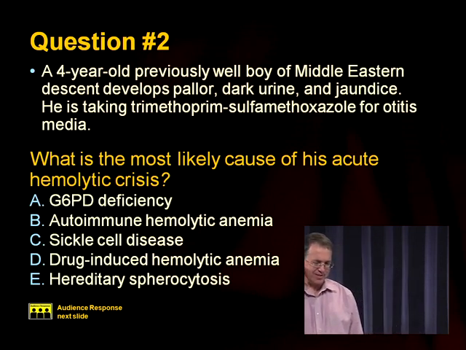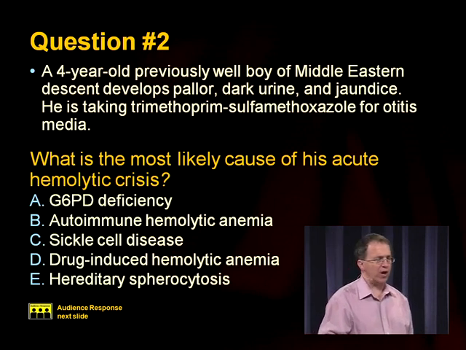All right. So we already told you he's got an acute hemolytic crisis. But why do you know he has an acute hemolytic crisis? Well, he's pale, okay? So he's probably anemic. Pale equals anemic. Dark urine, okay? That's a bad thing. That's jaundice. So he's hemolyzing, okay?